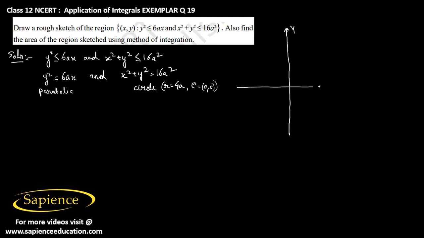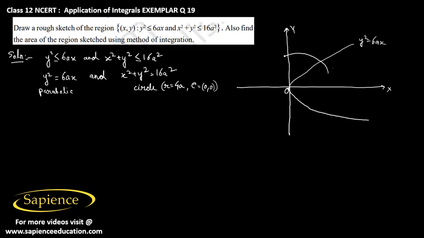Let's say this is the x-axis, the y-axis, and this is the origin. Now the graph of y square equals 6ax will be approximately like this. And x square plus y square equal to 16a square will be a circle.